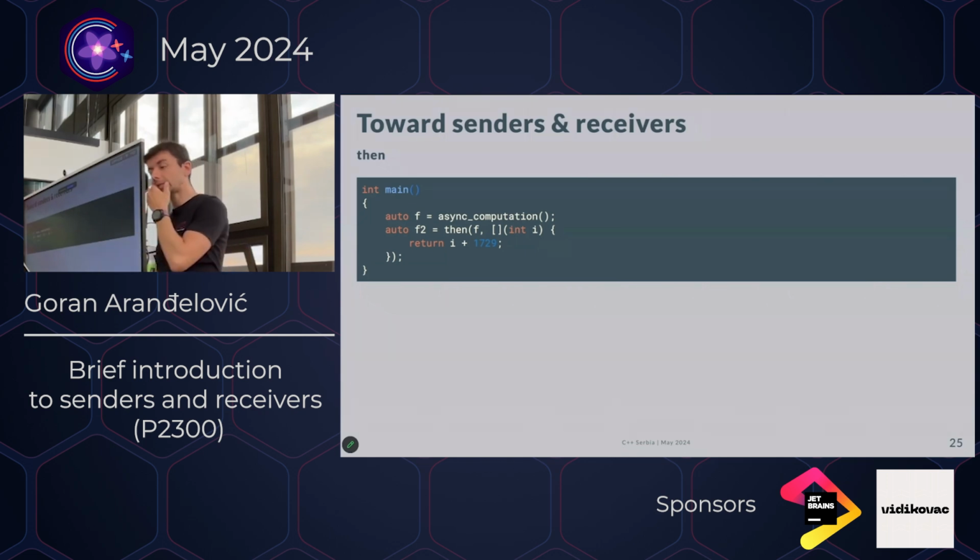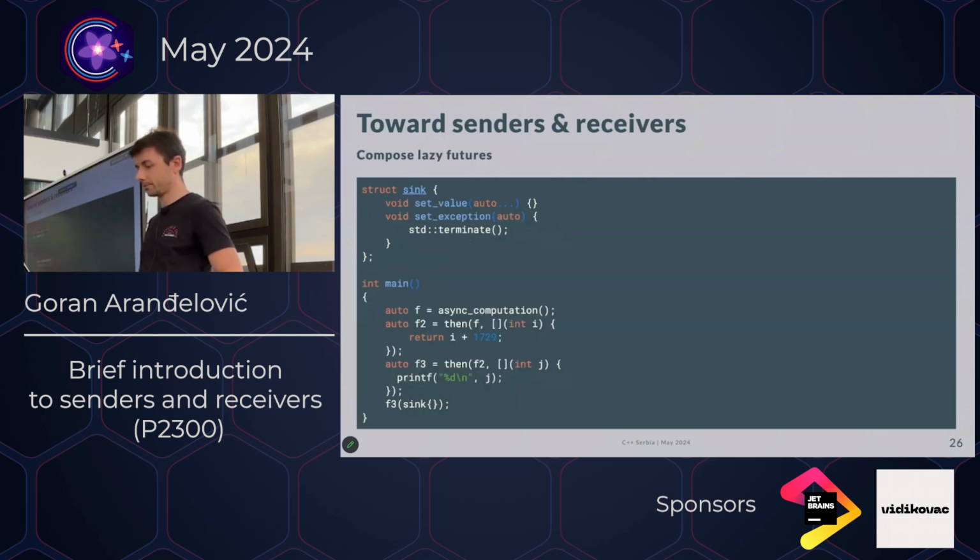But in this case, I will be in a little bit of a problem, because this thing is not yet complete, since I do not join anyhow after instantiating F2 here. So it is a problem of a sort.